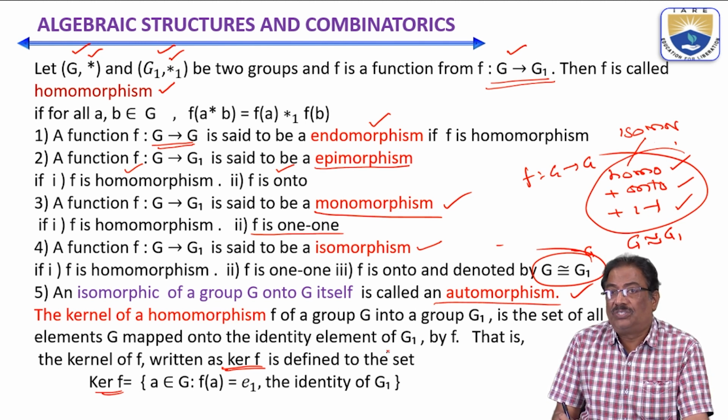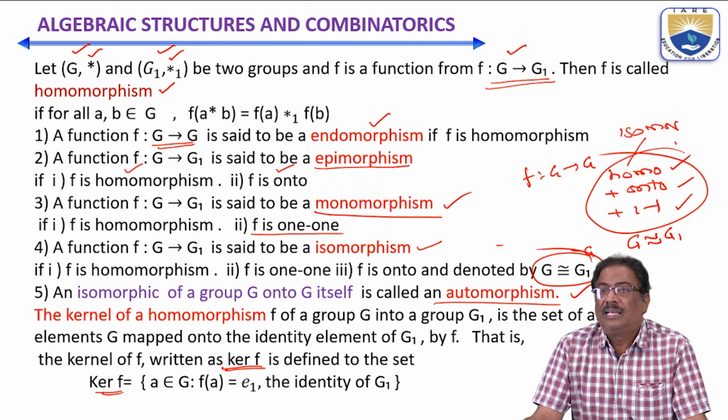That is known as the kernel of the homomorphism, or simply ker F. F of a is the element in G1 that is mapped to the identity element.